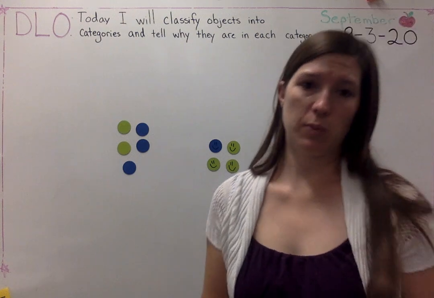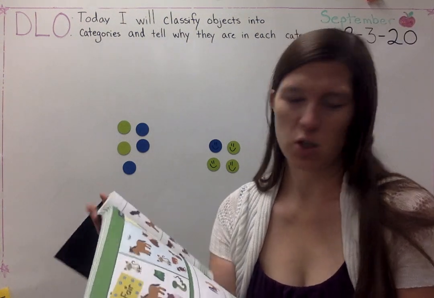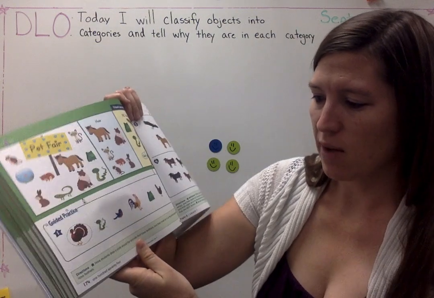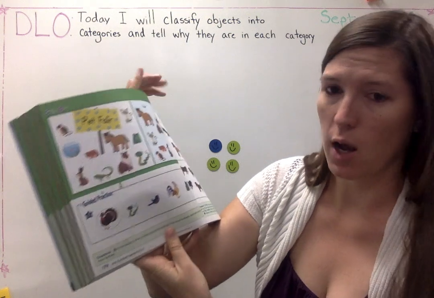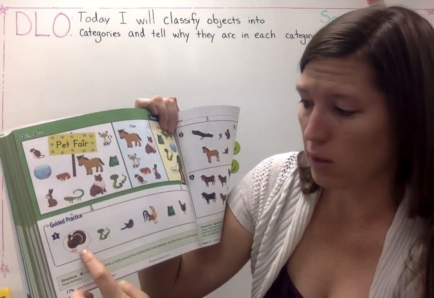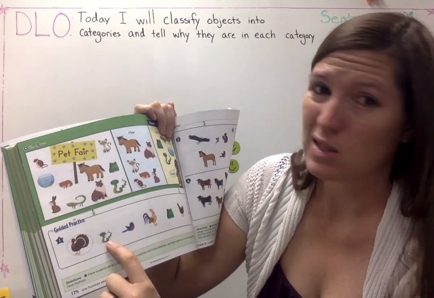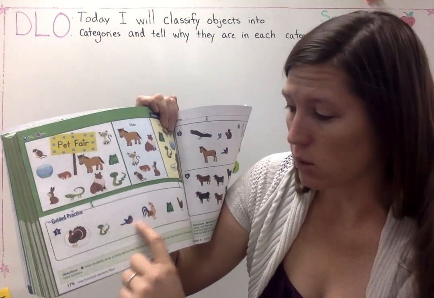Let's just review a few things because I want to go over some of them. It says, have a student draw a circle around the animals that have feathers, then mark X's on the animals that do not. So if you don't know what the animals are, there's a turkey. That's a bird. Birds have feathers. That's a snake. Snakes do not have feathers. This is a bird. It has feathers.